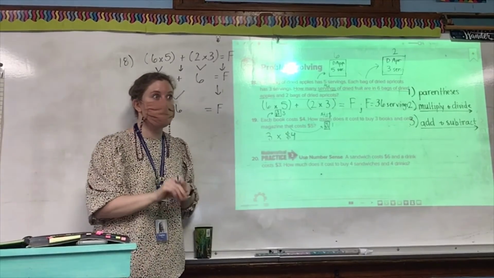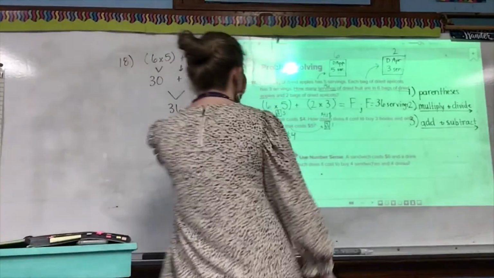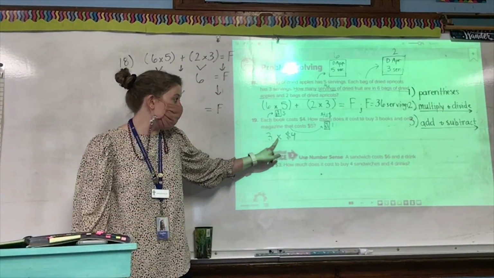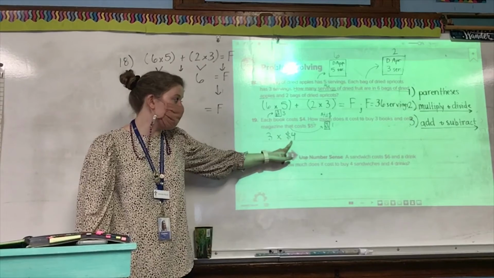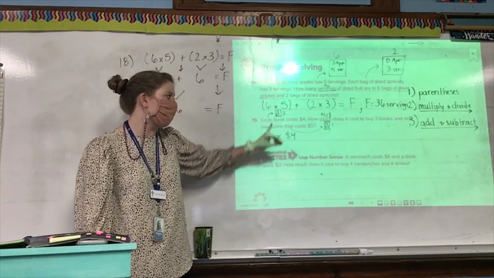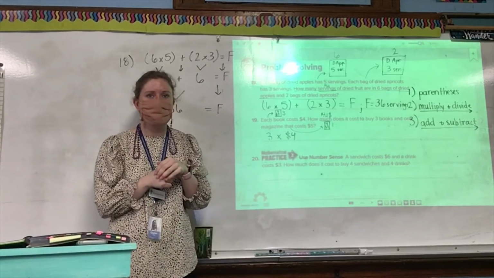Okay, we're still working on the word problems. So we figured out the first part of the equation. 3 times $4 tells us how much the 3 books cost at $4 each. Is that going to tell us our final answer?